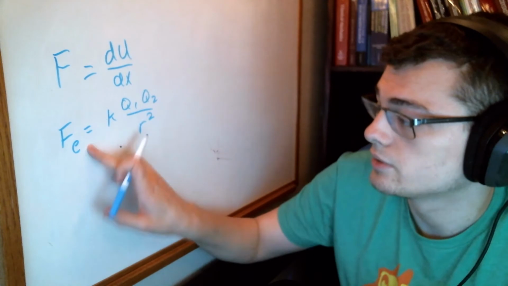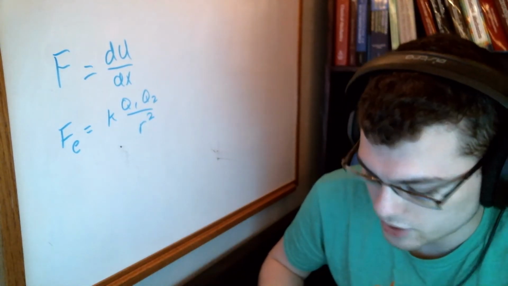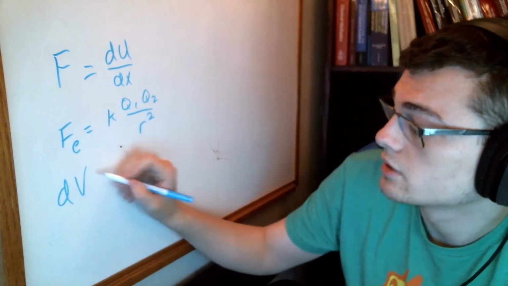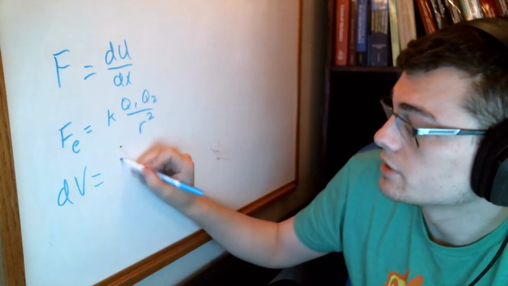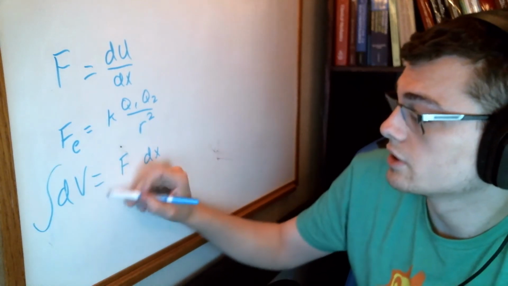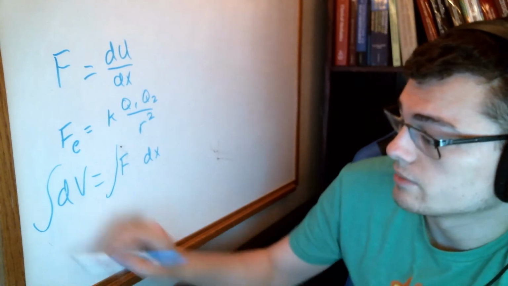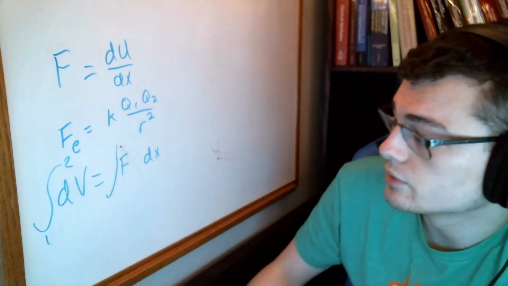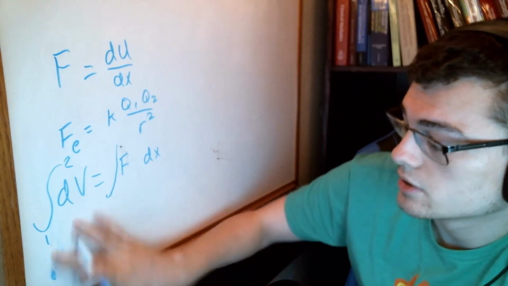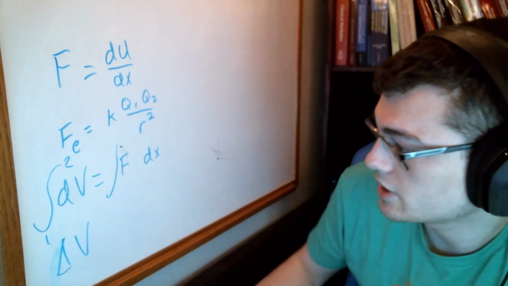Okay, going off of that, why don't we do this. We'll say that dV is equal to F dx, and then we'll integrate both sides. This is from 1 to 2, so we'll have delta V on this side.